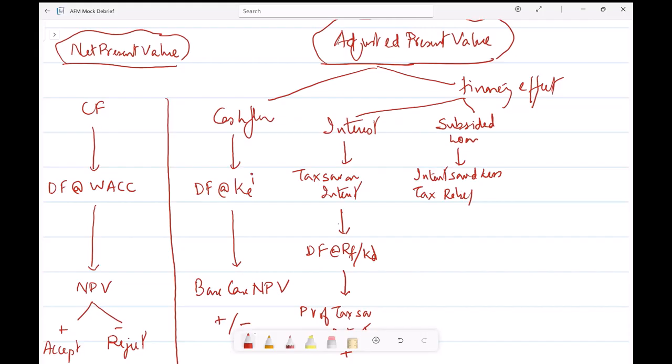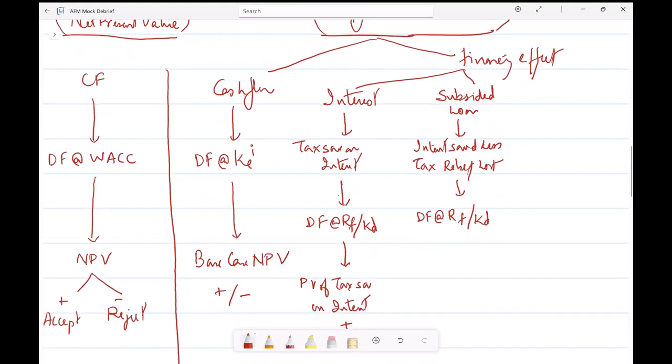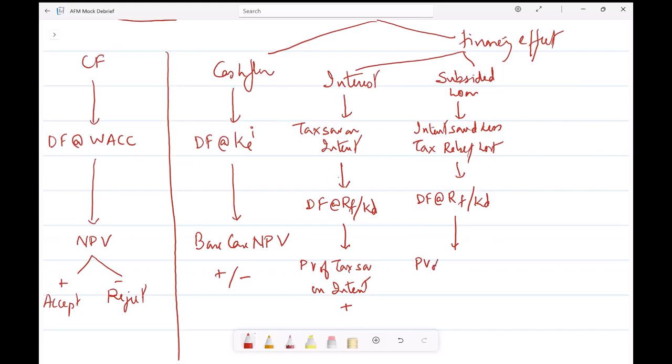So the tax relief lost is supposed to be discounted again. It is considered to be risk free, either RF or Kd. We find out what is called the present value of after tax interest subsidy benefit, which is again going to be positive.